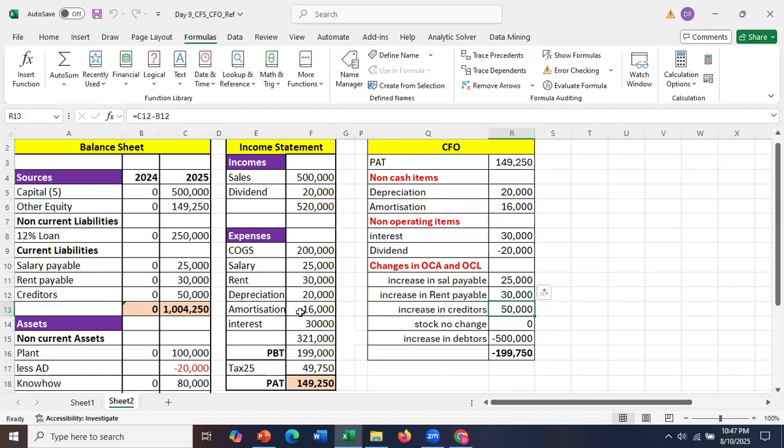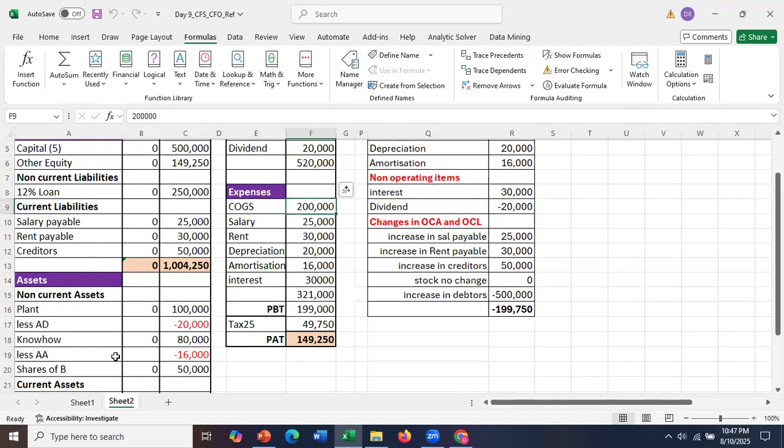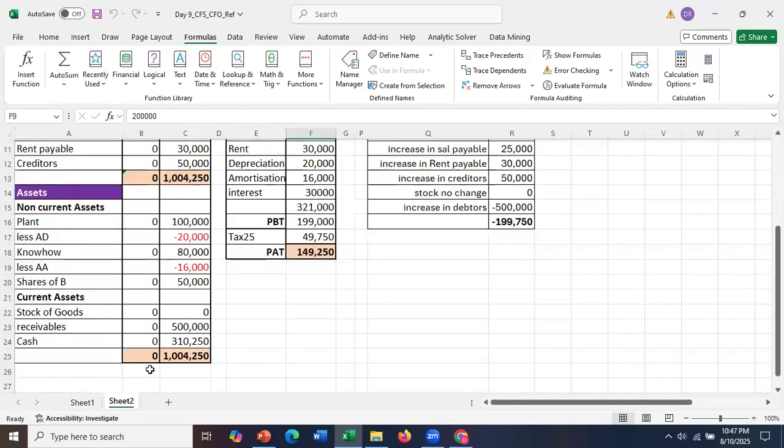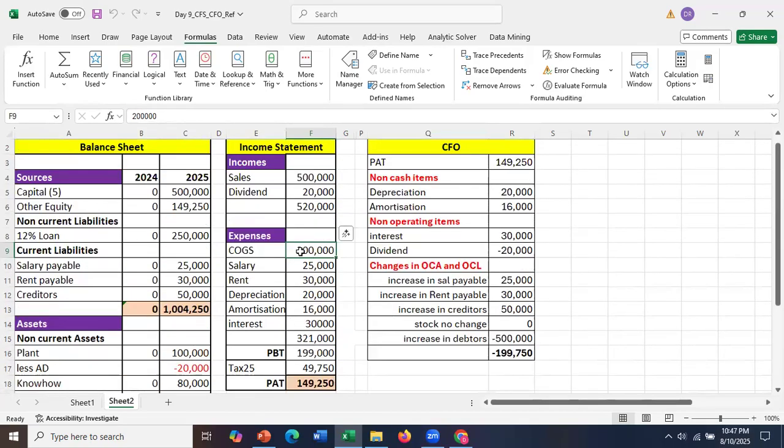You can see the stock has been purchased, 200,000, because there is no stock on the balance sheet. So whatever stock you have used, you have purchased during the period, and you paid only 150,000 because the creditors are still remaining 50,000.